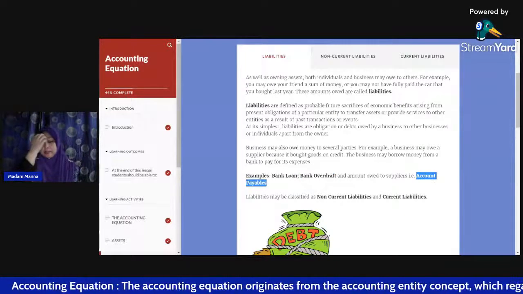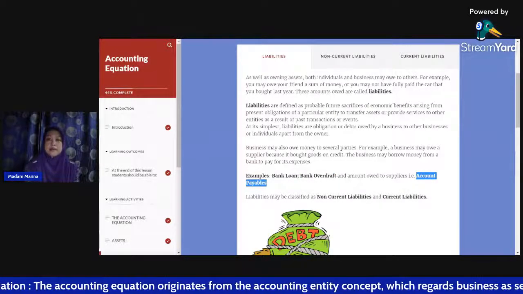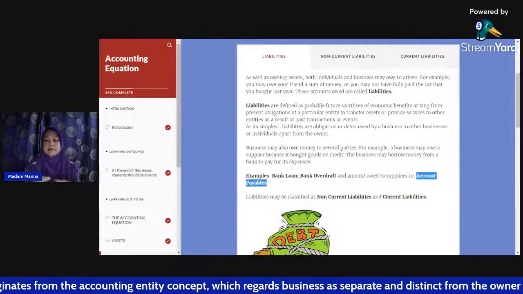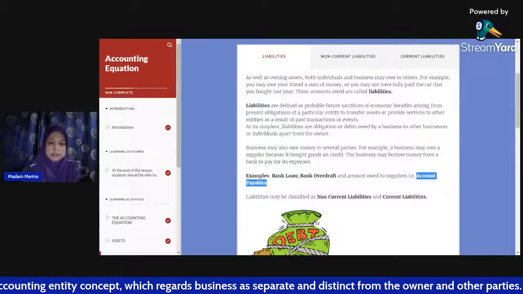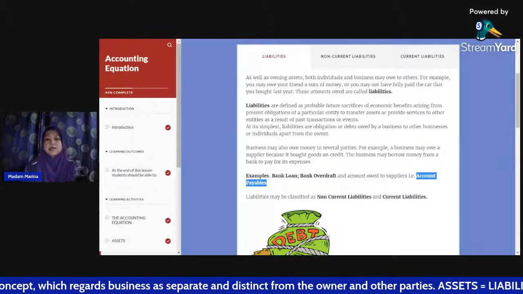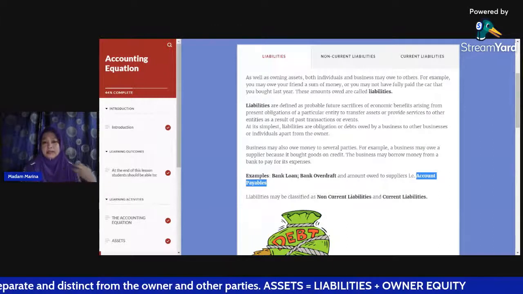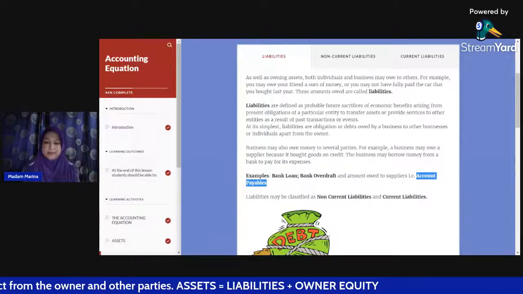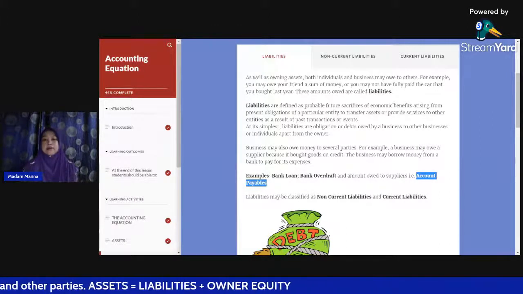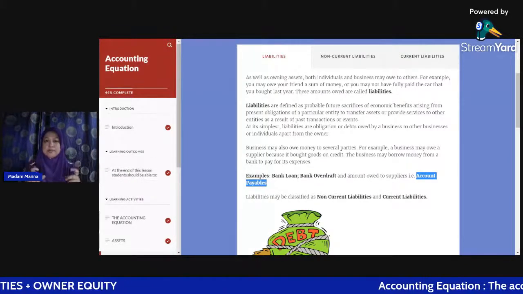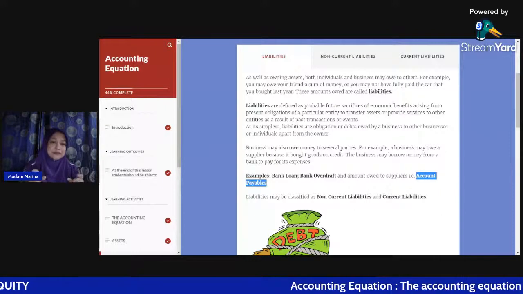Okay, my business, I sell handphone. Before I can sell my handphone to customer, I will purchase the handphone from the supplier. When I purchase on credit terms, credit means the supplier is giving debts to me.